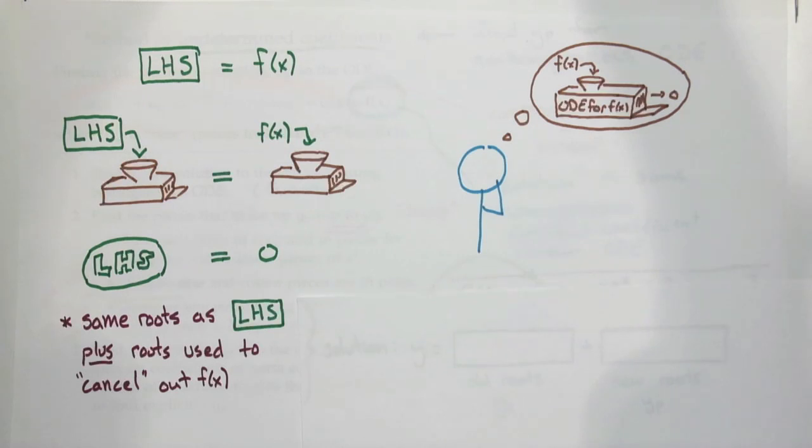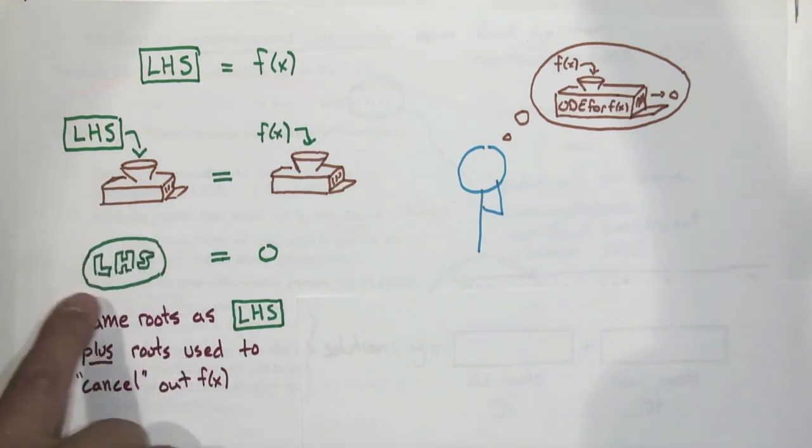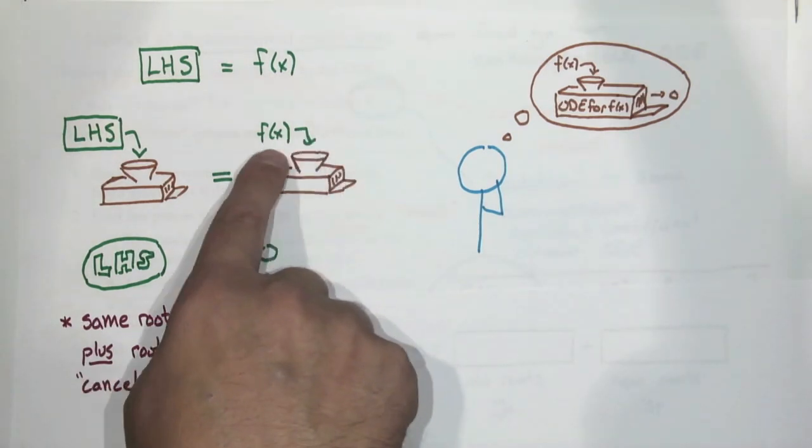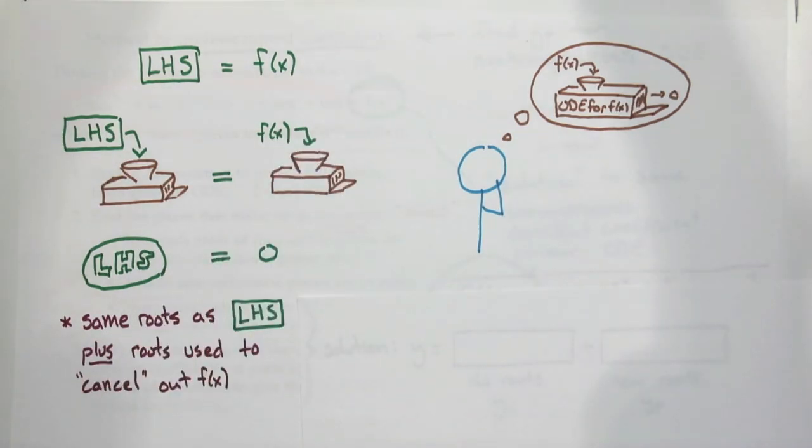And it turned out we can say a bit more. Look, it has on this side the same roots as we started with, plus a few more roots. And where did those extra roots come from? Well, they came from what you used to cancel out the f of x.